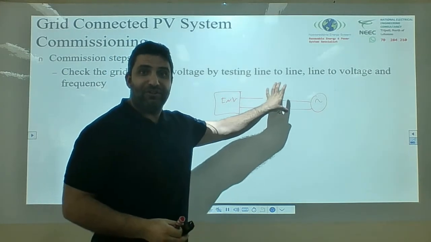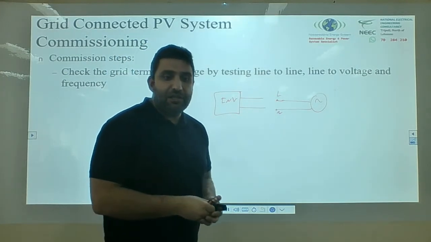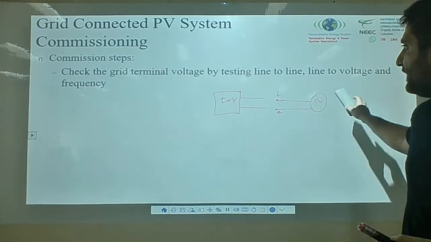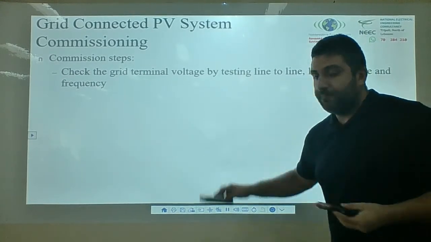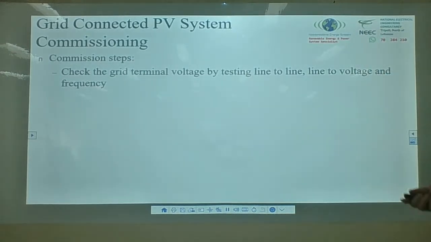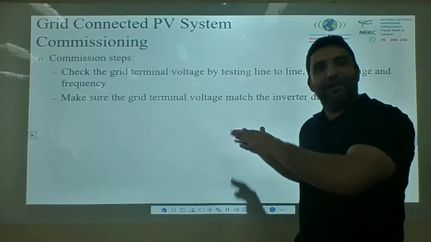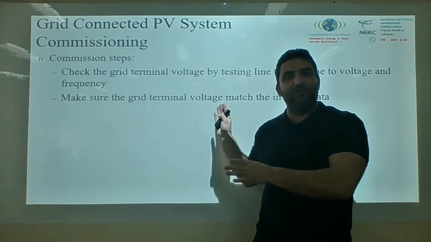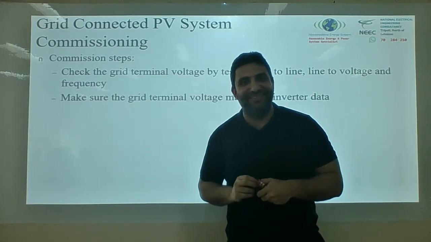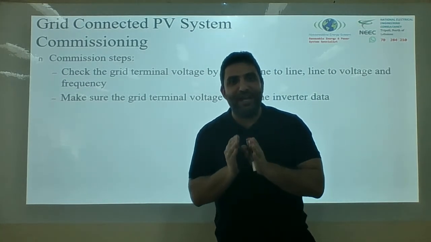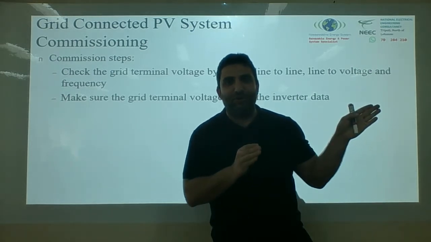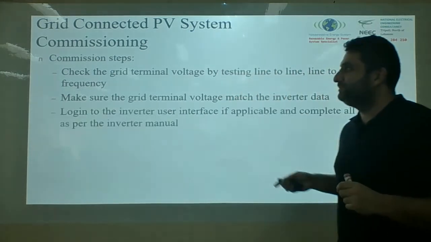Is it 50 or 60 hertz? If it's 3-phase, I'll check line to line, and the frequency. Make sure the grid terminal voltage matches the inverter data. You don't want to connect 230 volt to an inverter of 120 volt. Make sure you connect the right voltage to the right inverter.